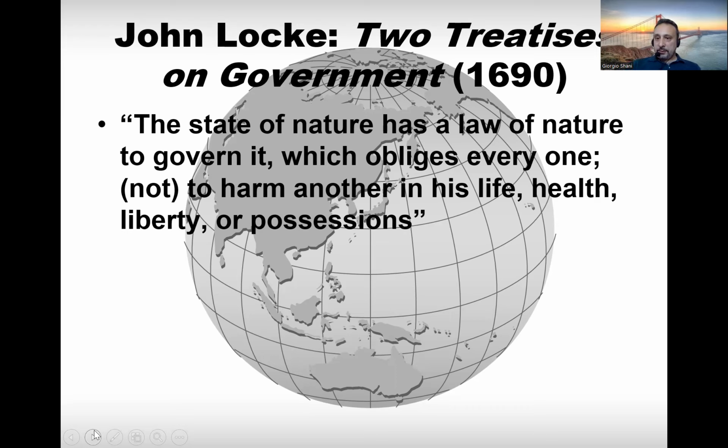And like Thomas Hobbes, he started with the idea of a state of nature. So Hobbes introduced the idea of the state of nature within political theory. So Hobbes is seen as the innovator here, or the father of modern political theory.